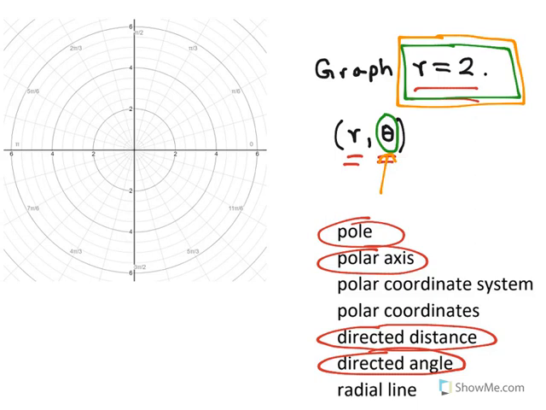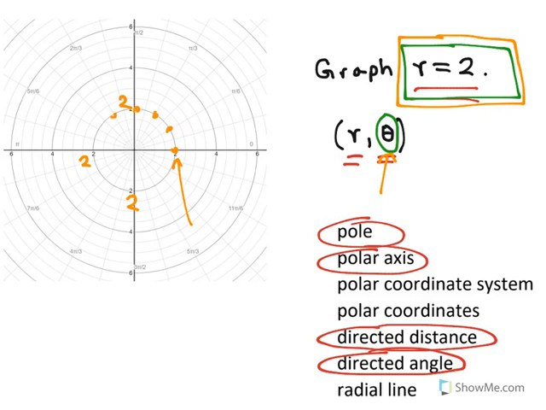So if the angle theta is 0 radians, then you'll have this point here. If the angle theta is pi over 6 radians, you'll have this point here. If the angle theta is pi over 3 radians, you'll have the point that I just marked. If the angle theta is pi over 2 radians, you'll have this point.